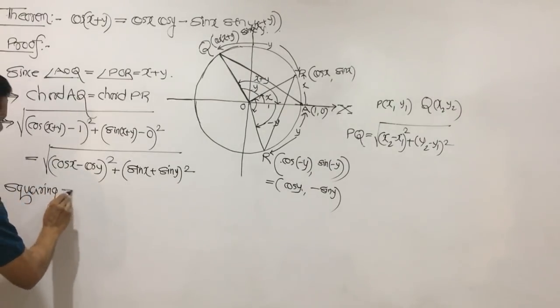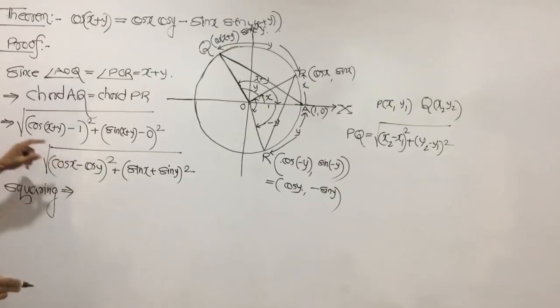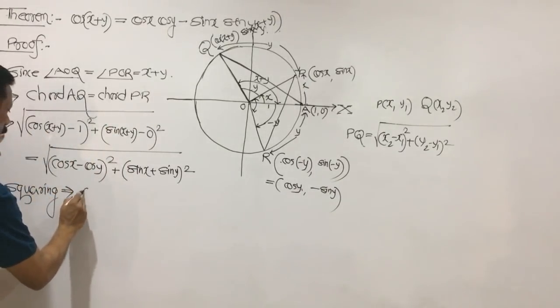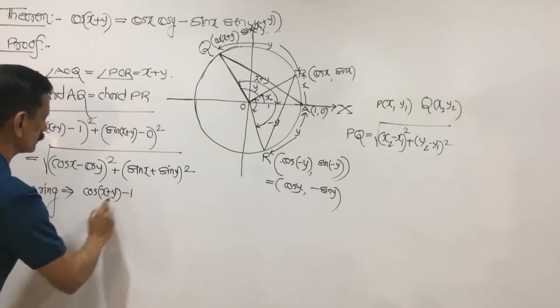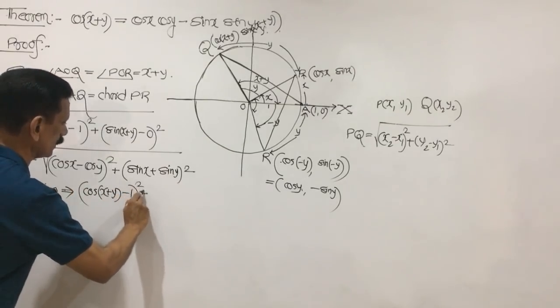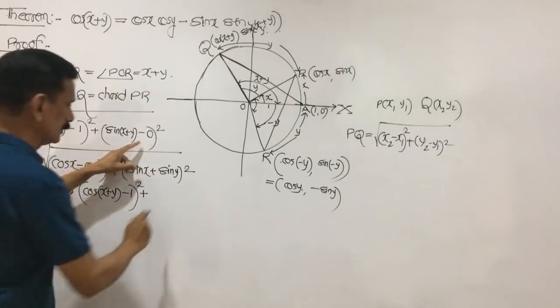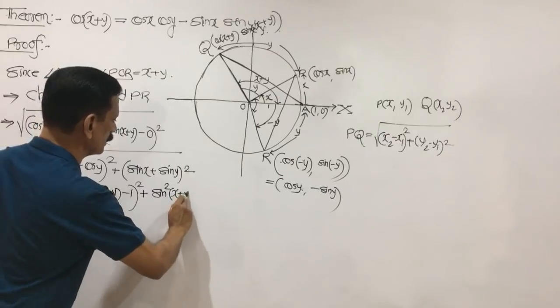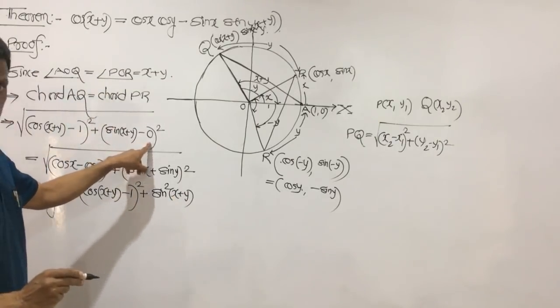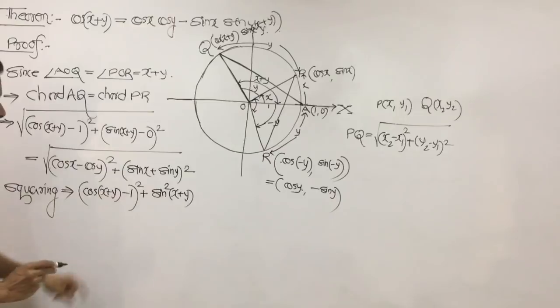Squaring implies, look my dear friends, I square both sides, means the square root gets cancelled. What do you get here? Cos of x plus y minus 1 whole square plus sine square of x plus y, because sine of x plus y minus 0 is sine of x plus y, and square means sine square.